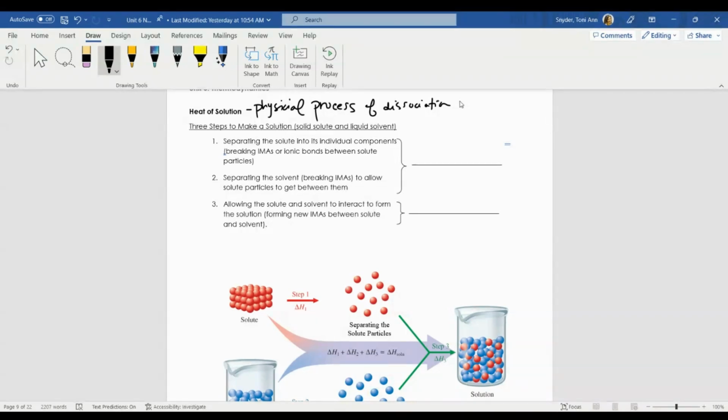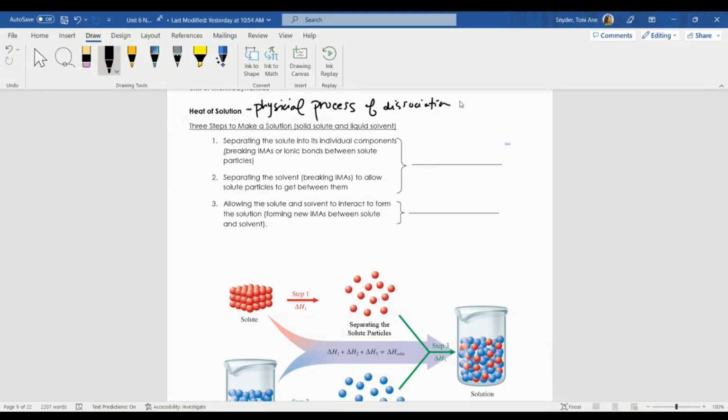And depending on the nature of the intermolecular forces, we can determine what's happening on a molecular level that's causing something to be exothermic or endothermic. So when we're making a solution, to the average person, to the peasant of chemistry, it seems very easy, right? You just put something in water and it dissolves. To the chemist on a molecular level, there's a lot of stuff that's happening, okay?